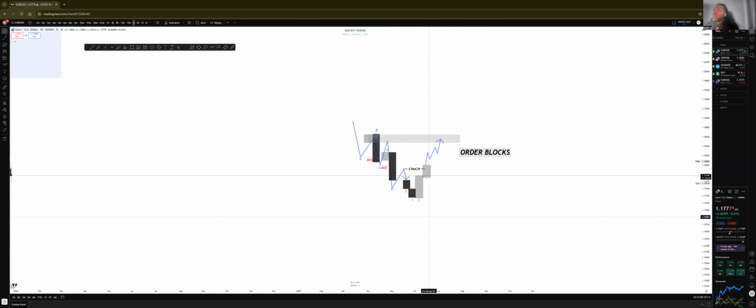Remember what I taught you in day one or two about support and resistance: one tap, two tap. Who's to say one more tap, this becomes a support and resistance zone, three tap. And now this whole area is a retail support and resistance where price is most likely going to induce it and then continue to the downside if that's the move it's looking to do. So whenever price comes to the same order block, we don't enter a trade again, because it is already considered a mitigated order block.